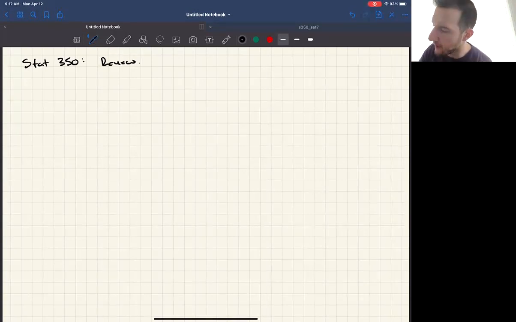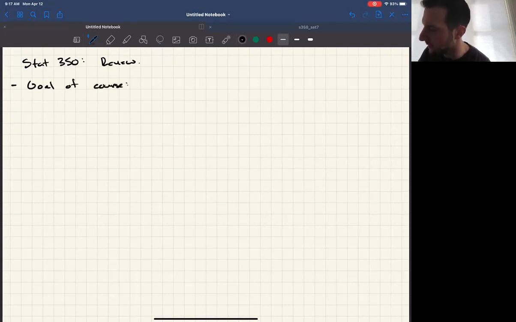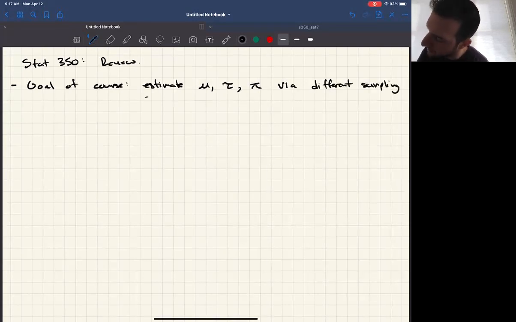One of the things to keep in mind is this course, you can kind of summarize everything as estimate mu, tau, p, or pi via different sampling schemes.